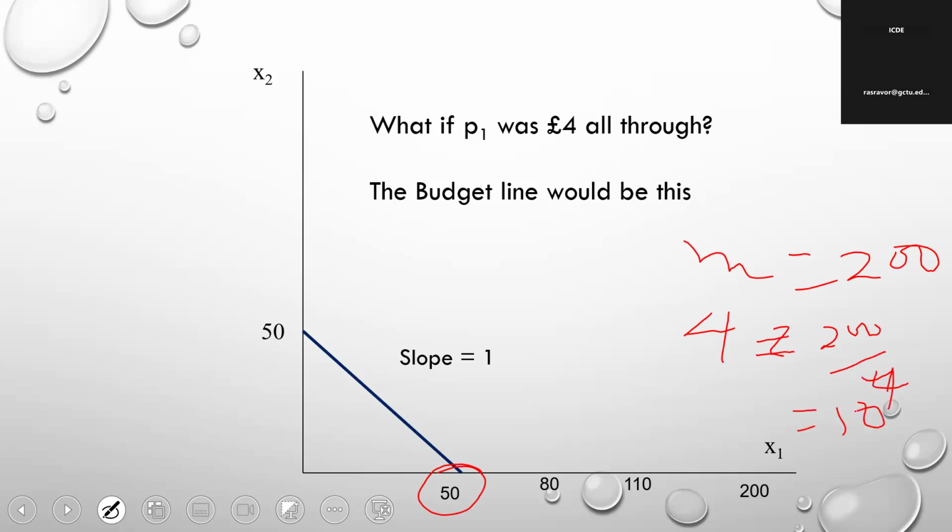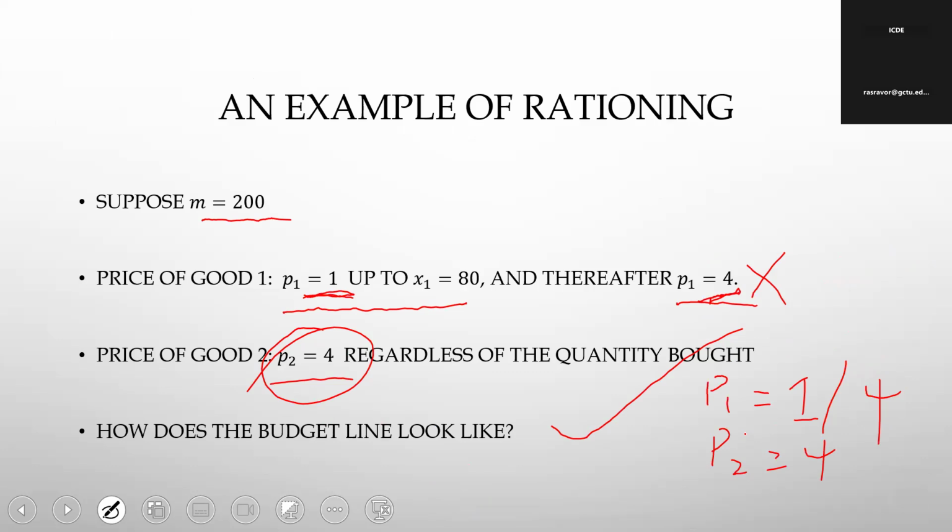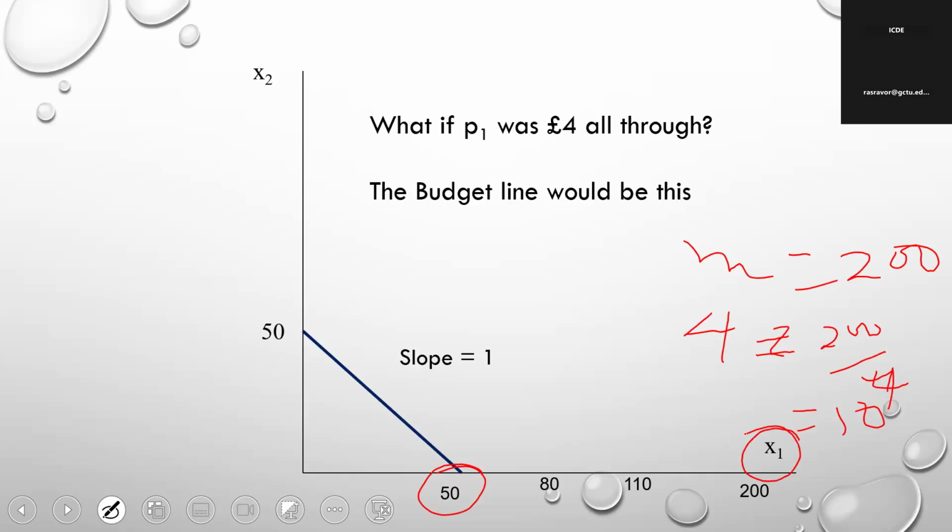So if I devote all my income in buying X1, I'll buy 50. In the same manner, if I devote all my income in buying X2, I won't use the lower price because that is a rational price. I am just doing the normal stuff. It will be 200 divided by 4, you get 50. That is if P1 is equal to 4.